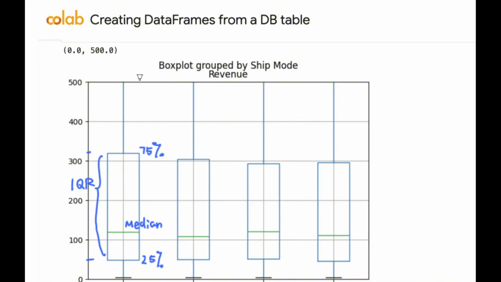I remember the length of the whisker should be 1.5 times the length of the IQR, the intra-quartile range, right? It goes above that range to see the location of the last data point before you go out of 1.5 times the length of the IQR.